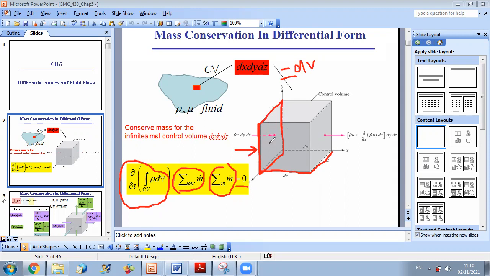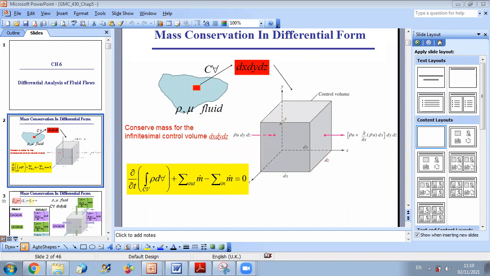Velocities along y or z, the v velocity or w velocity, cannot cross the YZ face. So to cross a face, the velocity should be perpendicular to it. This is why for these two faces, only the u component of velocity will be considered for the mass flow rate.